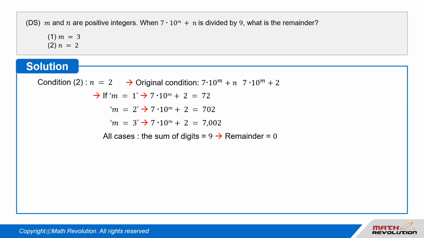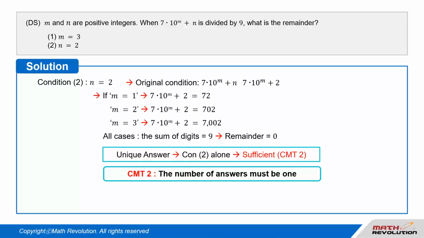This means that the remainder is always 0. The answer is unique, so the condition is sufficient, according to CMT2, which means that the number of answers must be 1. If the question has both C and B as its answer, then B is an answer rather than C, by the definition of DS questions.